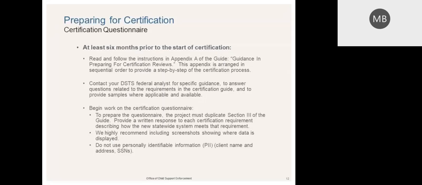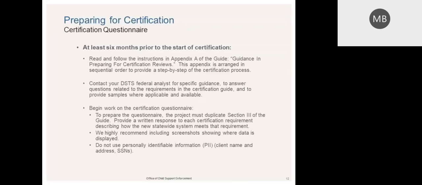In this slide and the following three slides, I want to go over the process of preparing for certification. Certification questionnaire. At least 6 months prior to start of certification, read and follow the instructions in Appendix A of the guide, guidance in preparing for certification reviews.